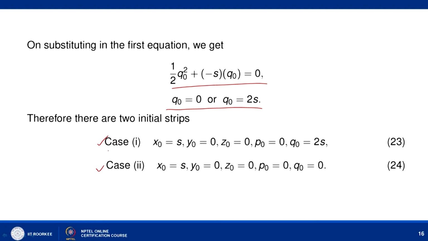The initial strips are two. x naught equal to s, y naught equal to 0, z naught equal to 0 is common in both cases. The only difference is that p naught equal to 0 and q naught equal to 2s in one case, and p naught equal to 0 and q naught equal to 0 in the other. First in case 1 we find the integral surface, and then in case 2 we will also find the solution.